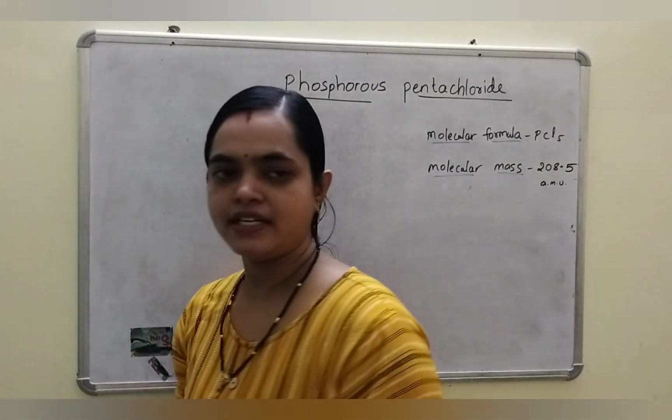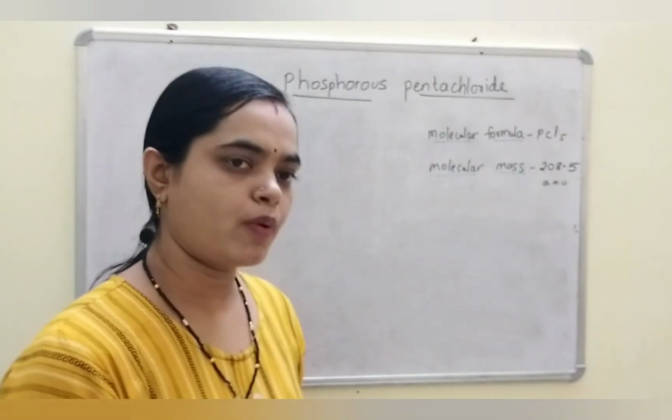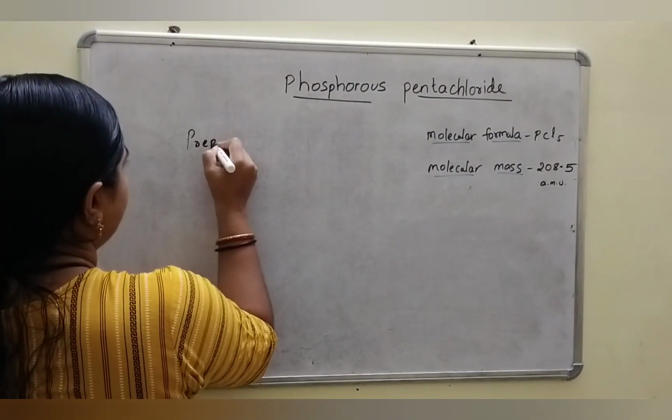I hope you understand the structure of PCl5, how the phosphorus combined with 5 chlorines with the sigma bonds. So next, preparations of PCl5.